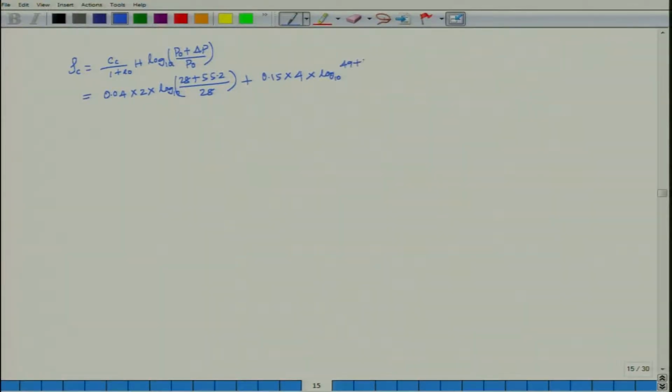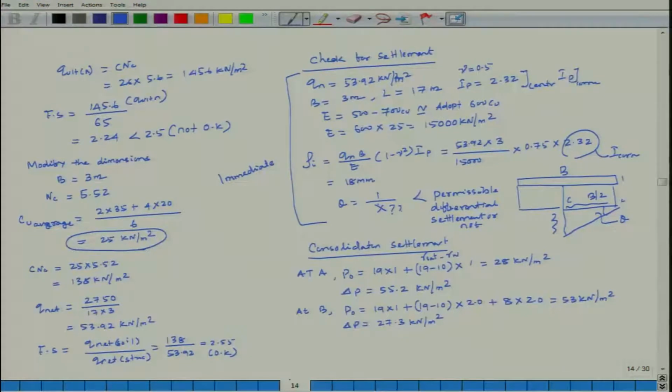49 plus 27.3 divided by your 49, then, it is not 49, rather it is 53. This part I am putting it here, P0 is your 53 and here 27.3.